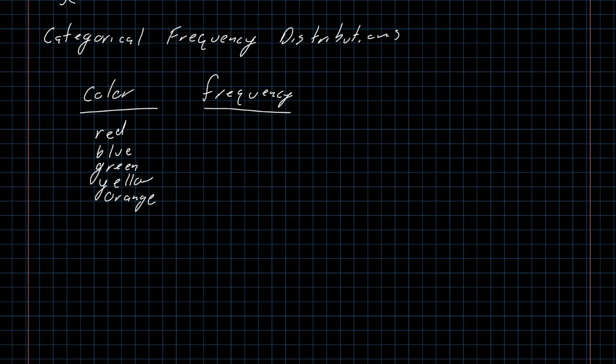So let's just take a look at a distribution with 5 colors, red, blue, green, yellow, and orange, listed in order of decreasing frequency: 32, 28, 16, 14, and 10.